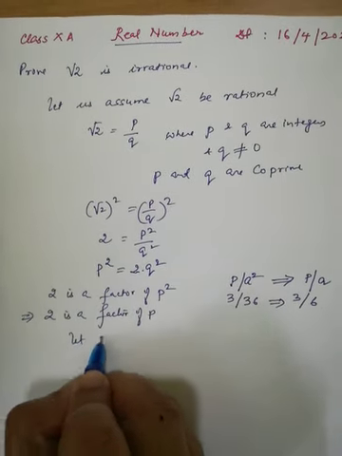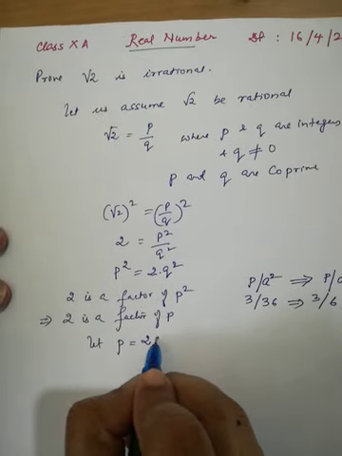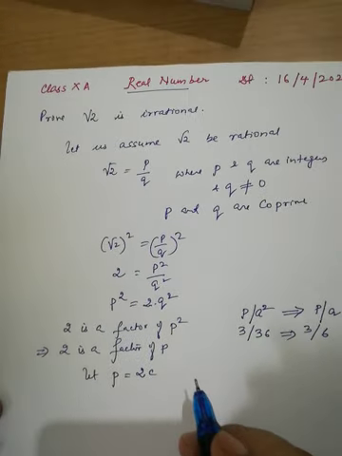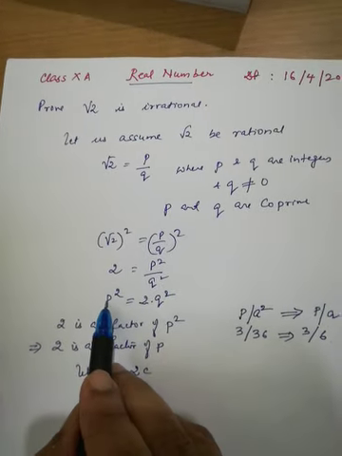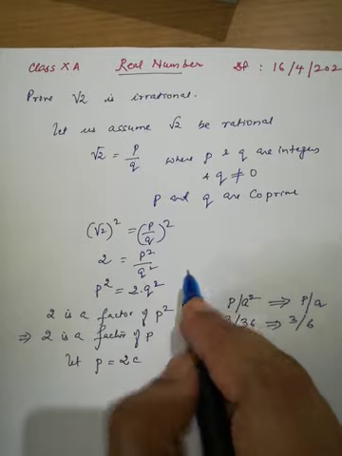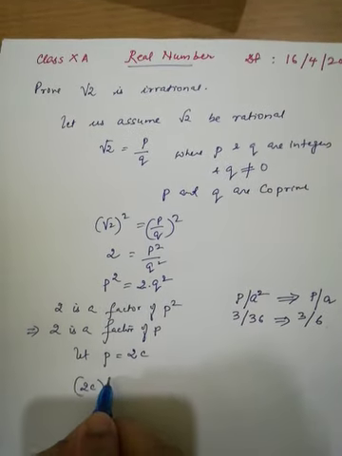Now let P be equal to 2 into some number, 2C, let us say. Because P is a multiple of 2, in place of P we will write 2C here. So what we get? 2C the whole square.